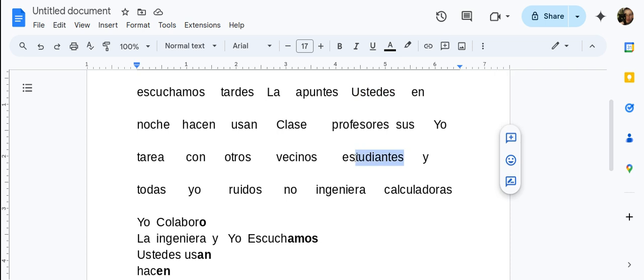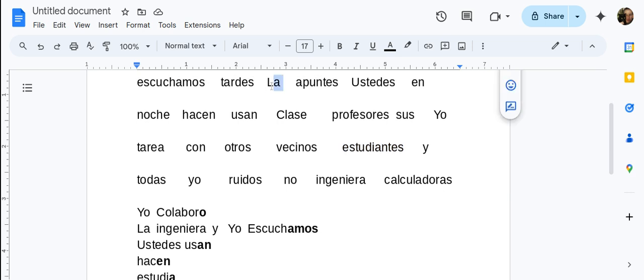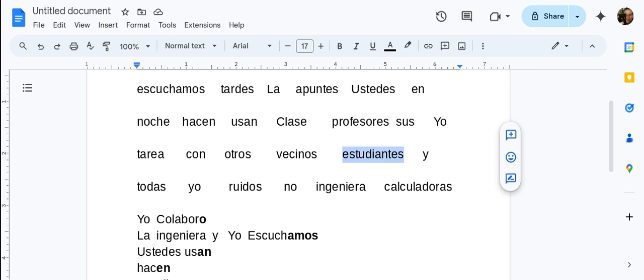I see students. But I don't see the students because that's a the, but that's for a female, and that is not female. That's more than one. What about me and the neighbors? No, but that would be we. So you know what?